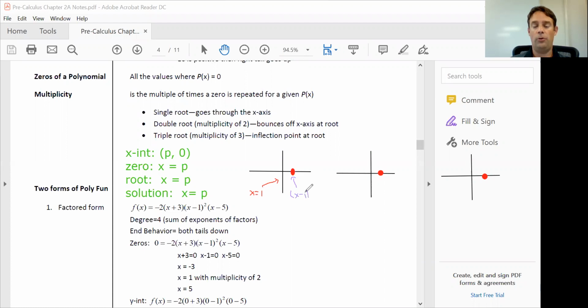How do you turn a root into a factor? Just set one side equal to 0. X minus 1 equals 0. X equals 1 is the root. X minus 1 is the factor. All right, so I'm going to have this x minus 1 all the way up here.